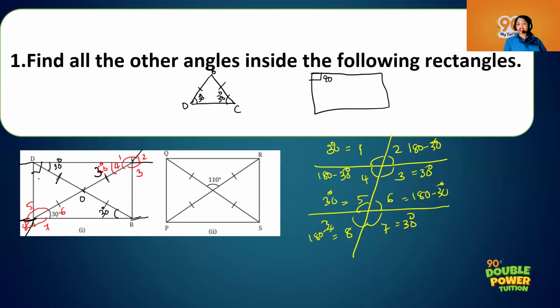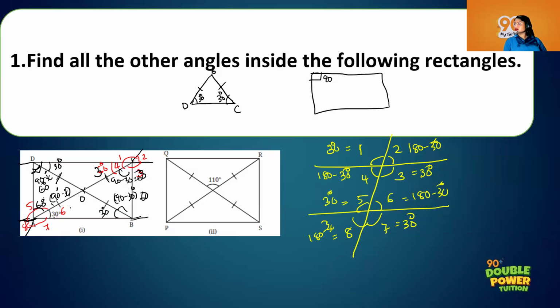So if one is 30 degrees, the other angle will be 90 minus 30 degrees, that is 60 degrees. Similarly we get this also 60 degrees, because 90 minus 30. This is how we got all the answers.